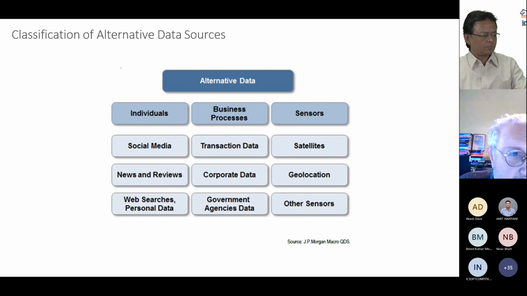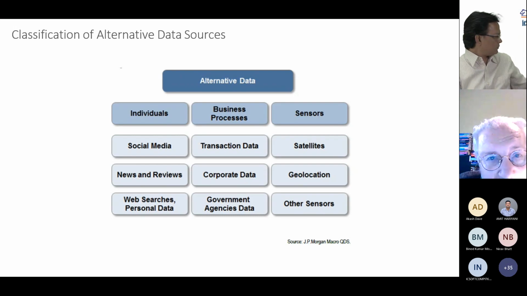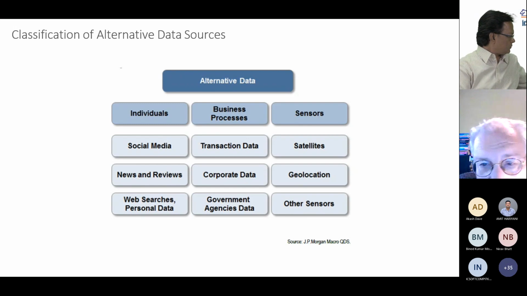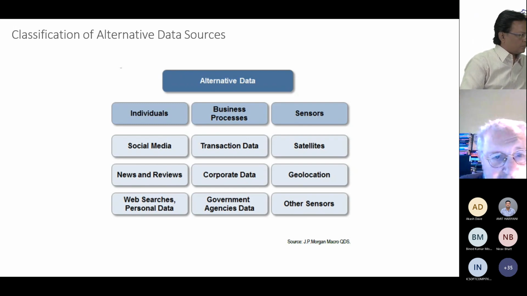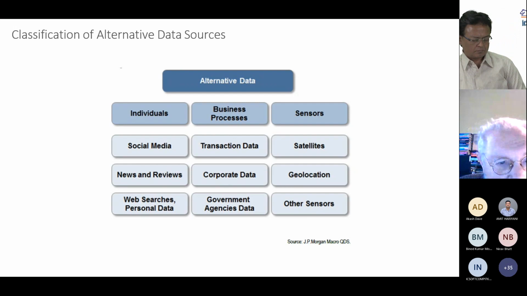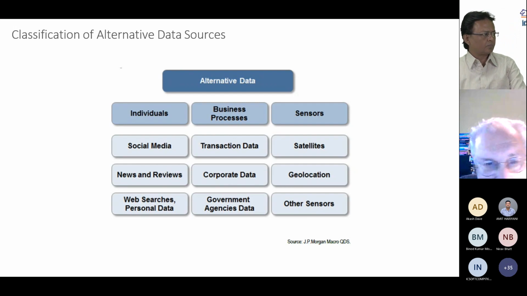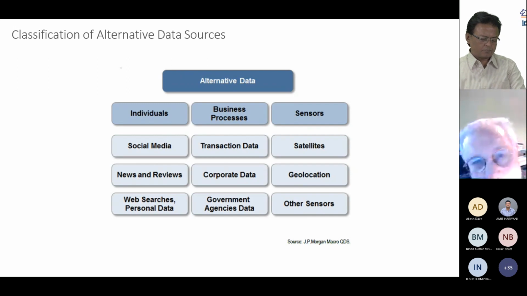The data that can be used come from social media profiles and exchange of information, social media, news and reviews, and web searches in Google, for instance. Every month or year, Google sends statistics about the searches.